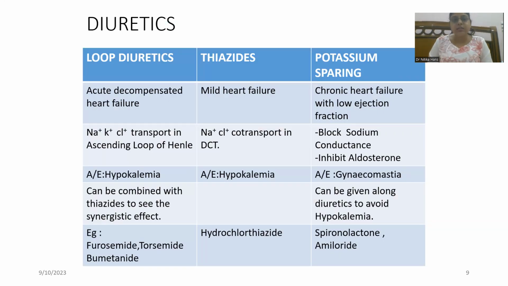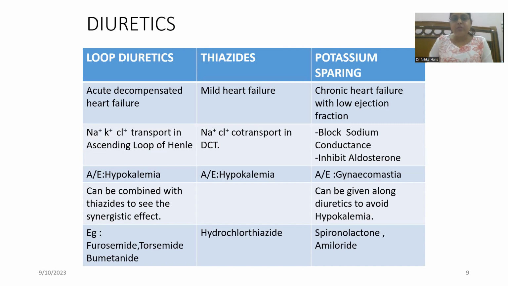Now, diuretics. Diuretics which can be used in heart failure are of three types: loop diuretics, thiazides, and potassium-sparing diuretics. Loop diuretics can be used in acute decompensated heart failure. Thiazides can be used in mild heart failure. And in chronic heart failure with low ejection fraction, we use potassium-sparing diuretics.